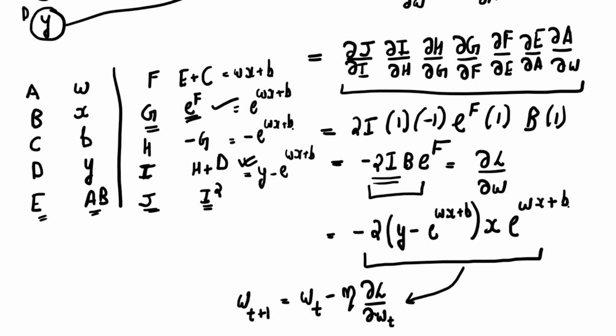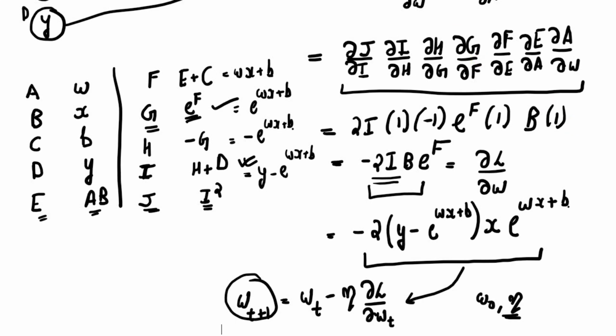We can plug it in, start with an initial value W naught, and keep on propagating with respect to an input parameter eta, and then understand how we have to impose a stopping criterion so that Wt plus 1 is finalized at one step. So this is with respect to W.